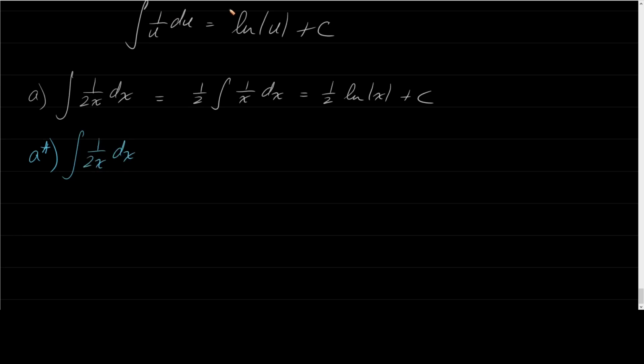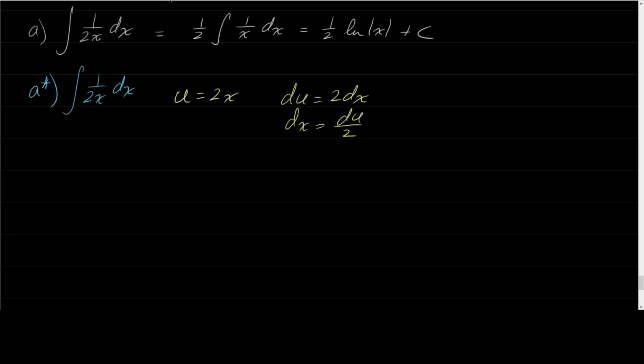Let's say that I don't see that I can take out that 1/2, and I say, well, let's do a u substitution. Then u is equal to 2x, therefore du is equal to 2 dx, which tells me that dx is just du over 2. So I'm going to rewrite this integral, and what I get here is the integral of 1 over u, right?